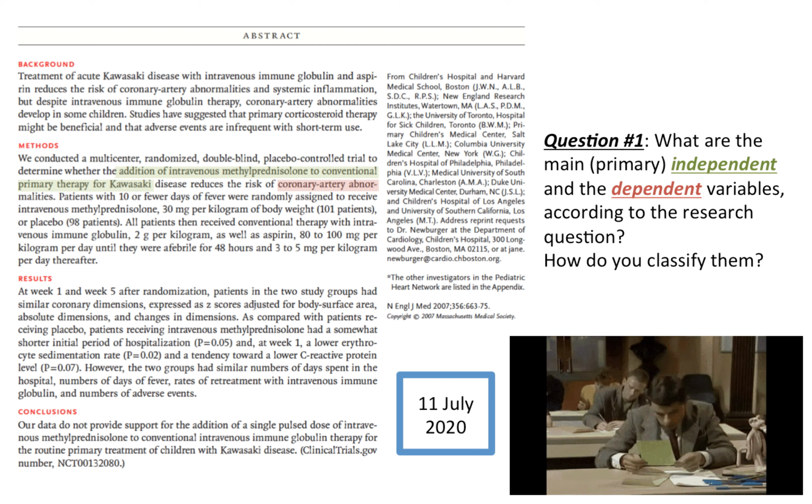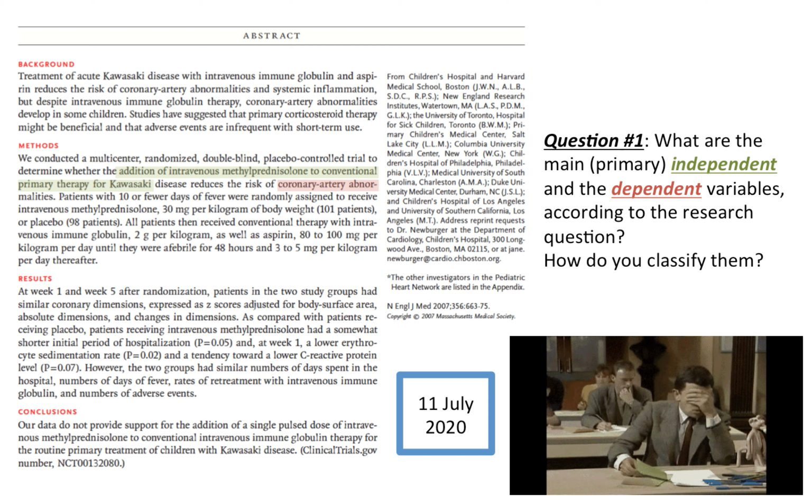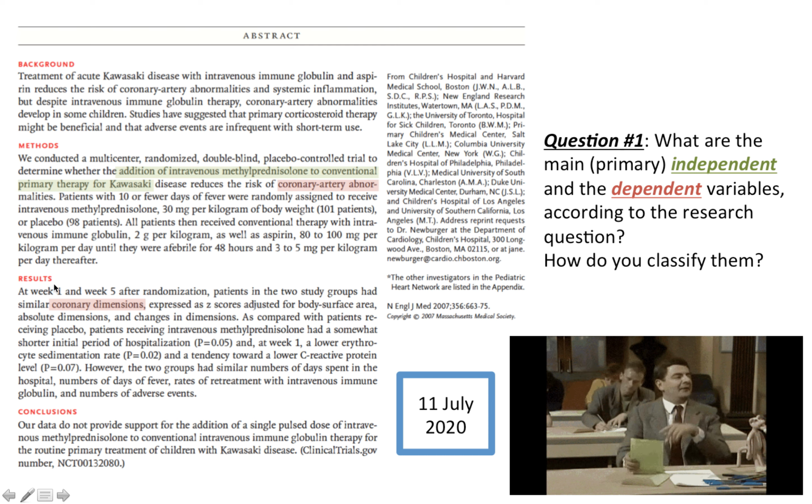The dependent variable is a little bit more difficult, but here the outcome was to assess and evaluate how coronary arteries were impacted by the disease. So for us, the way to do it is with measuring coronary dimensions. In this, the authors measured these coronary dimensions with the echocardiogram.